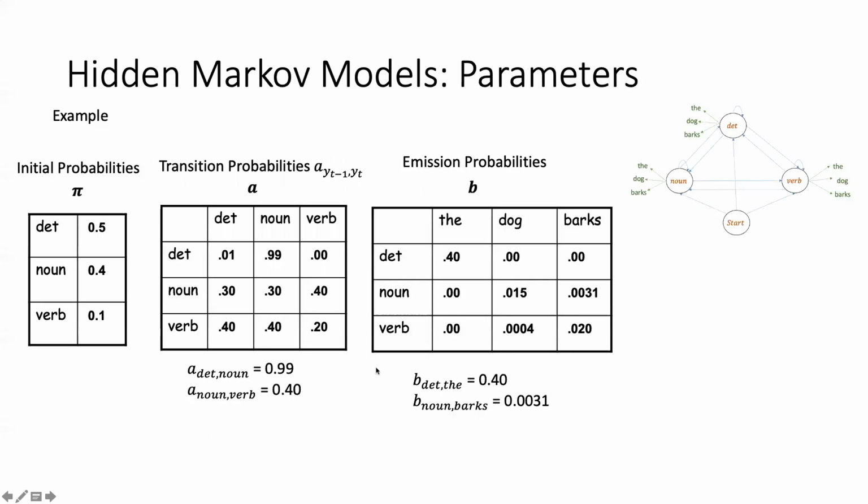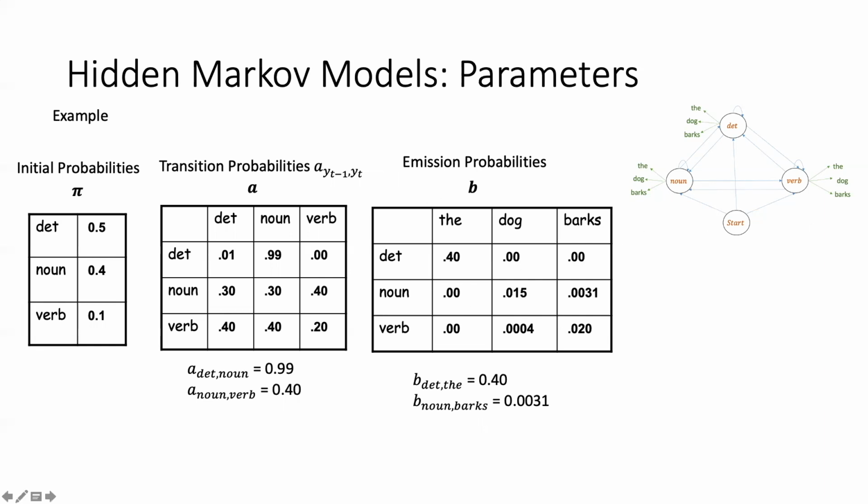Let's consider a simple example, the dog barks, and see what parameters are involved in modeling using HMM. These are the values which we have provided for the sake of example and understanding.